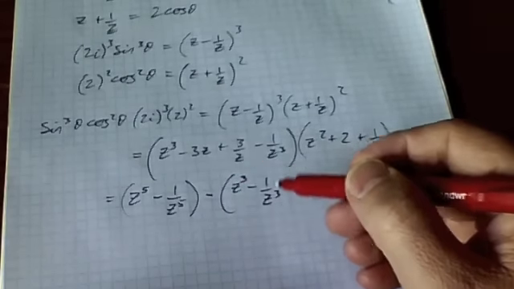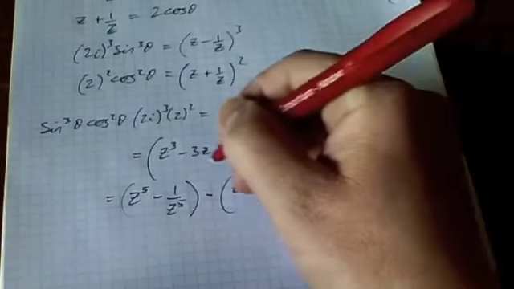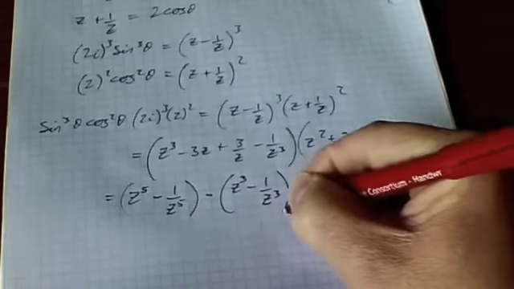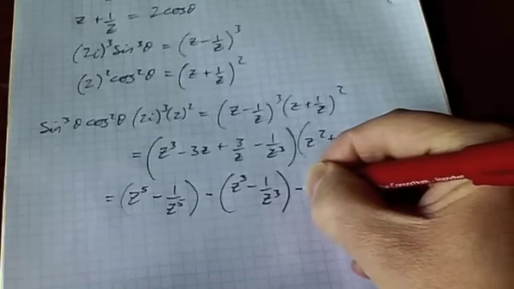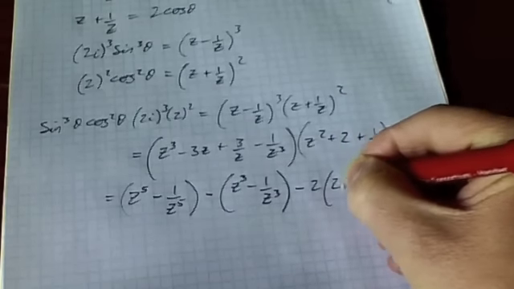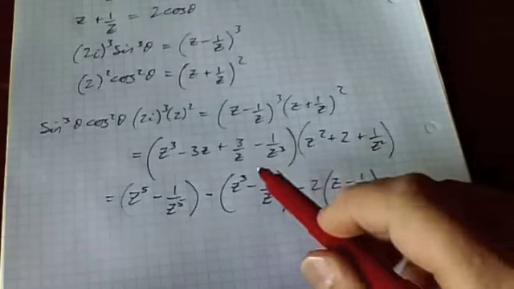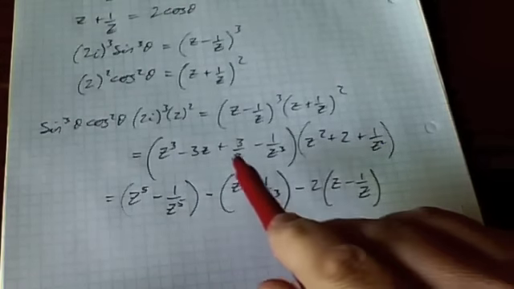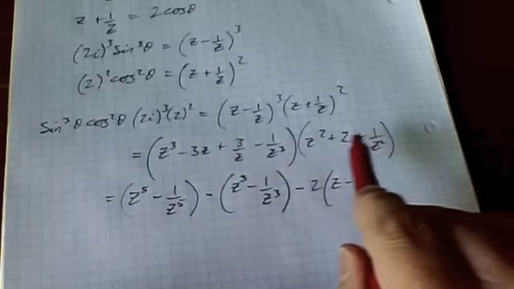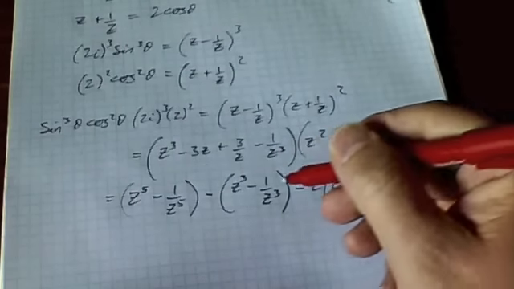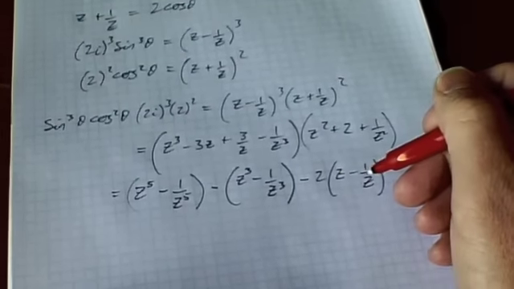You can either believe me this expands like this, or do the layer of proper working in the middle and see how it all simplifies down to this level. Then we end up with minus 2z minus 1 over z. As I say, if you're not certain about that, expand all of these out carefully and see how they add and subtract to end up with this nice little pattern here.